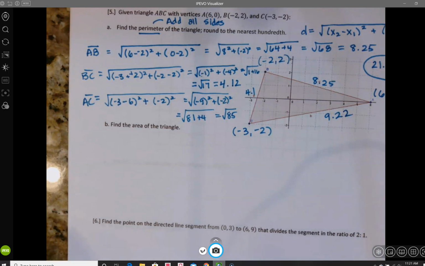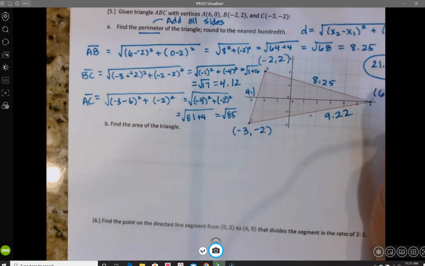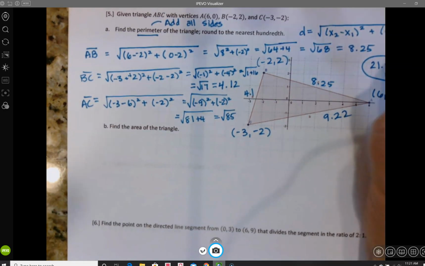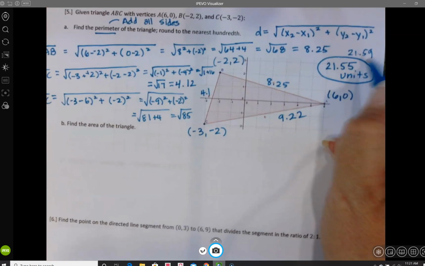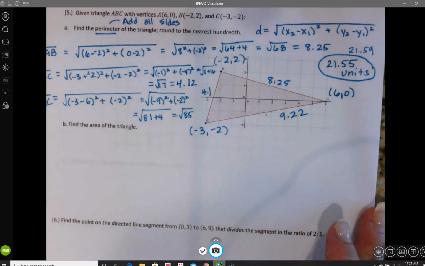So now I get 21.59. So the answer key may be off by 1 unit. So we'll just leave it at that.